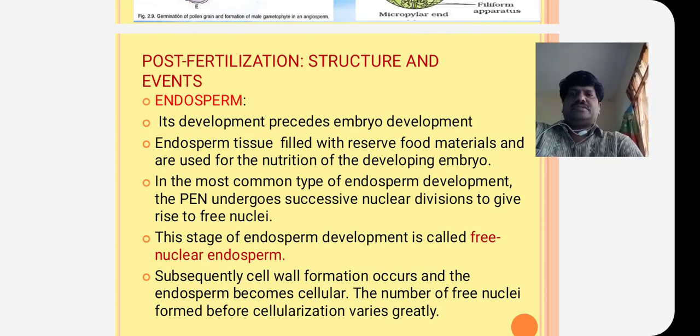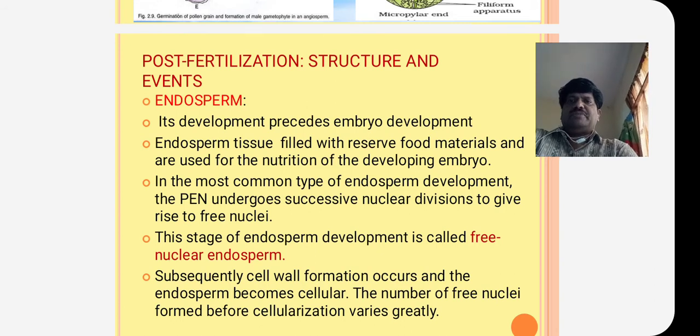Because first the food will be stored in the endosperm, and when the embryo develops further, food will be made available to the embryo from the endosperm. So the endosperm tissue is filled with reserve food materials that will be useful for the developing embryo.